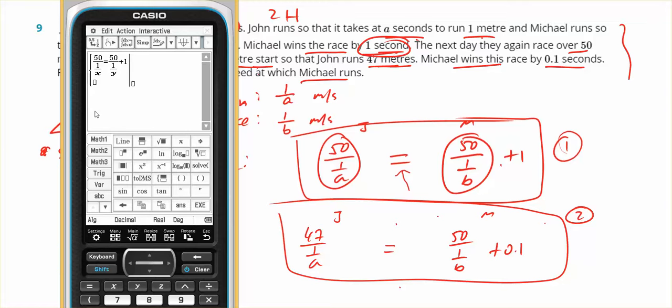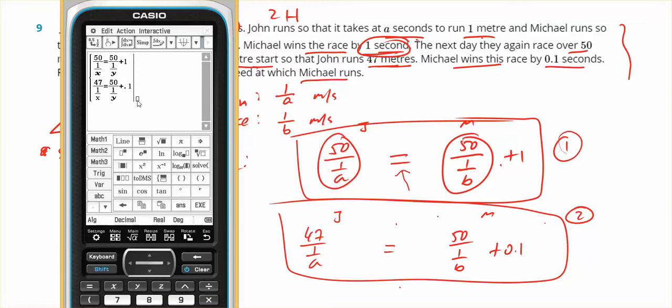Second equation is 47 divided by 1 divided by X equals 50 divided by 1 divided by Y, plus 0.1.